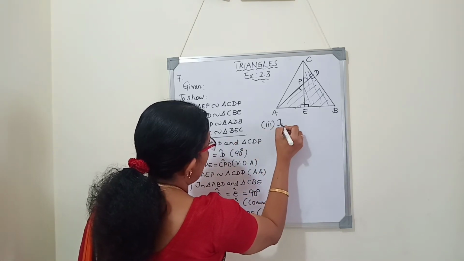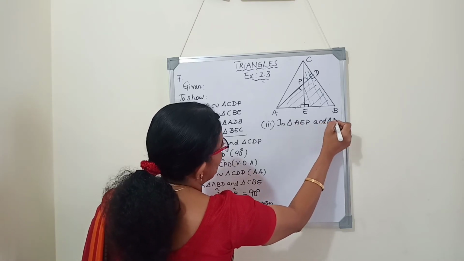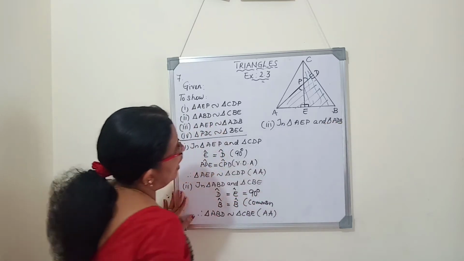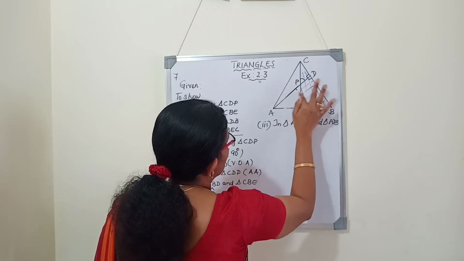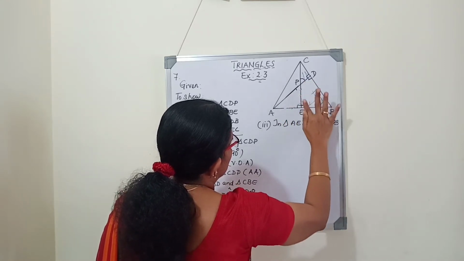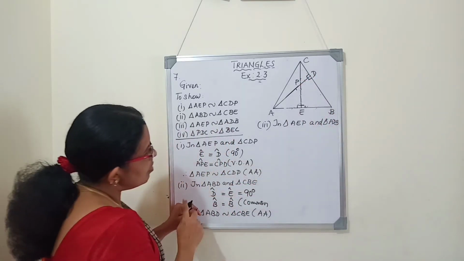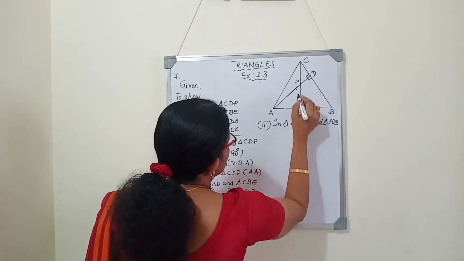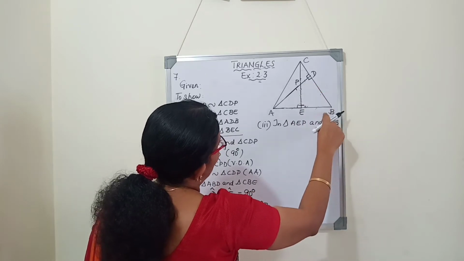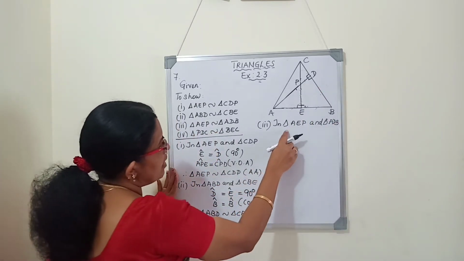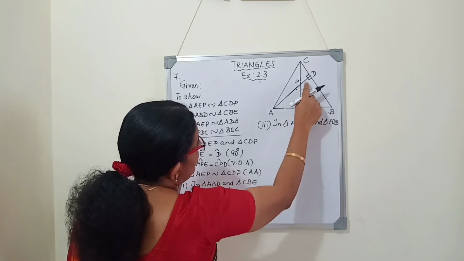Third one, triangle AEP and triangle ADB. In triangle AEP, angle E is 90 degrees and in triangle ADB, angle D is 90 degrees.